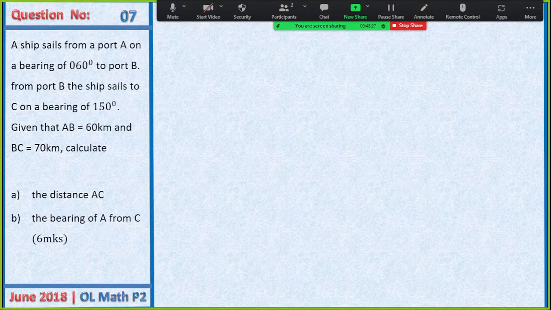Given that AB is 60 kilometers and BC is 70 kilometers, calculate the distance AC and the bearing of A from C. If you do not answer that last one, I'm not sure that you answer this one now.